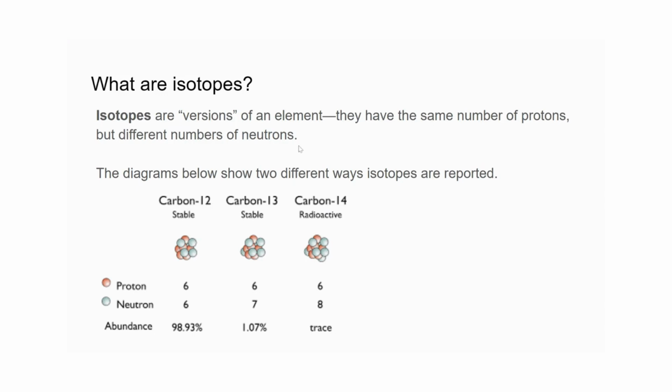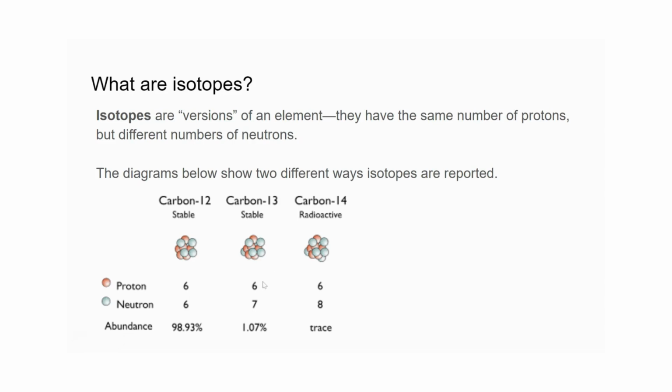Because we're talking about isotopes, the number of protons doesn't change, but the number of neutrons does, which means the mass number also changes. So carbon-12 has 6 protons and 6 neutrons, versus carbon-13, which has 6 protons and 7 neutrons. The mass number is 12 because we added the protons and neutrons together.